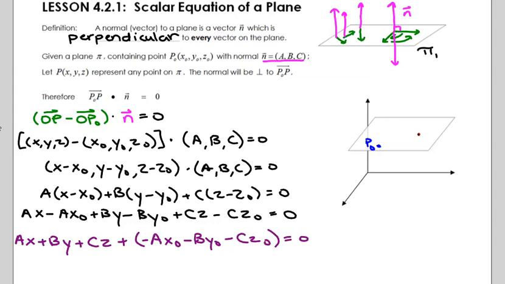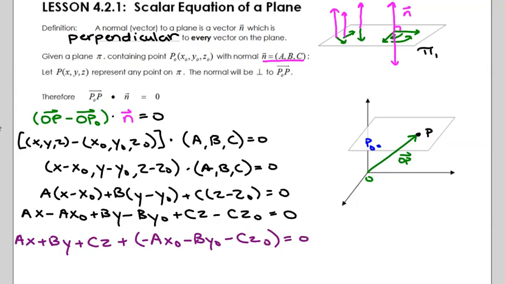But we want to reach another point because there are an infinite number of points on this plane. And I actually want to describe this one position vector in terms of a scalar equation. So that is my goal.